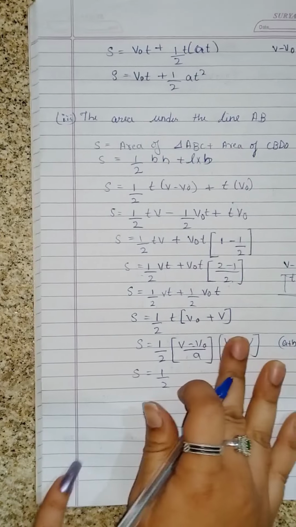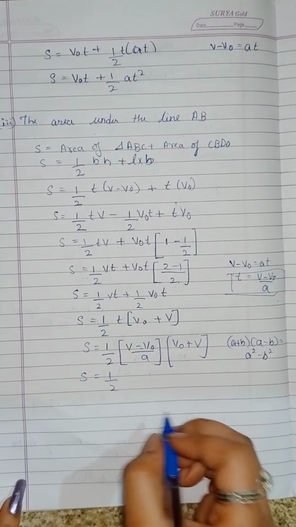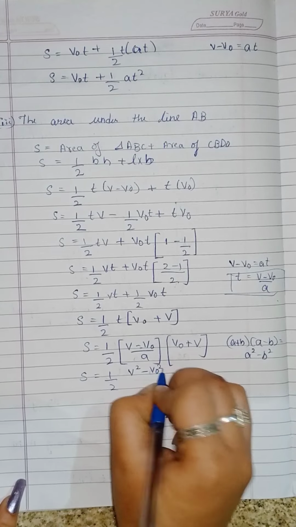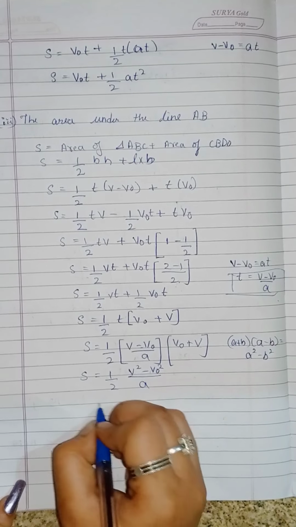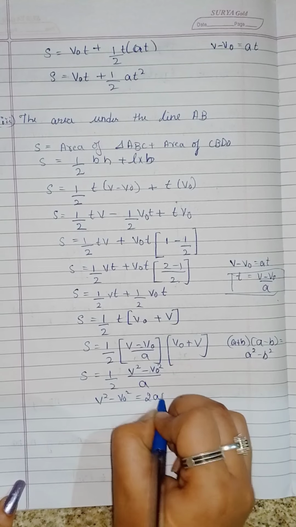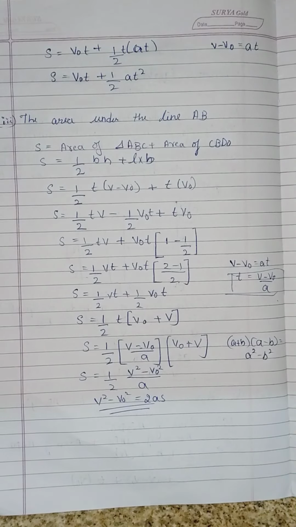Therefore S is equal to half, V square minus V naught square by A. So therefore V square minus V naught square is equal to 2AS. We are done with all three derivations.